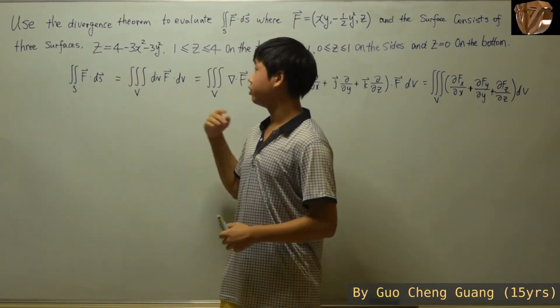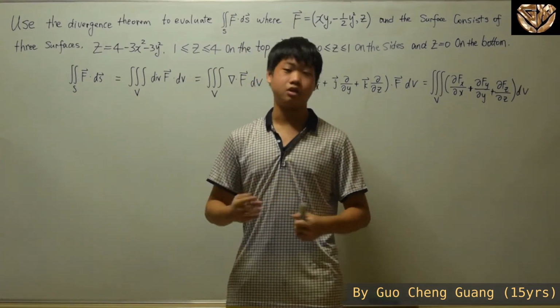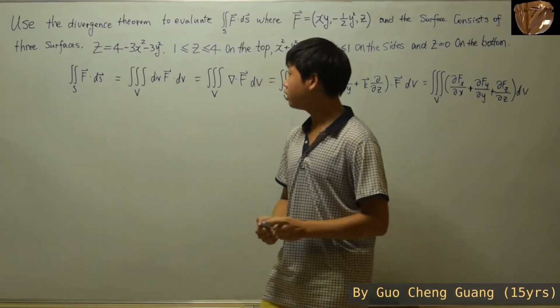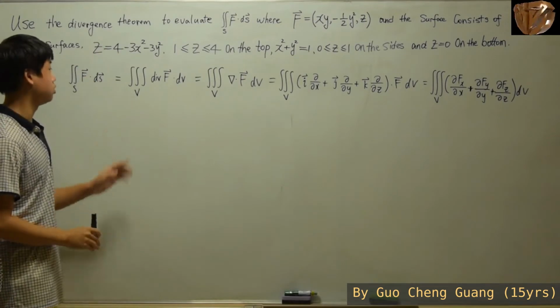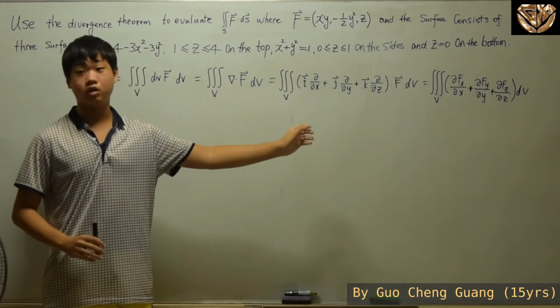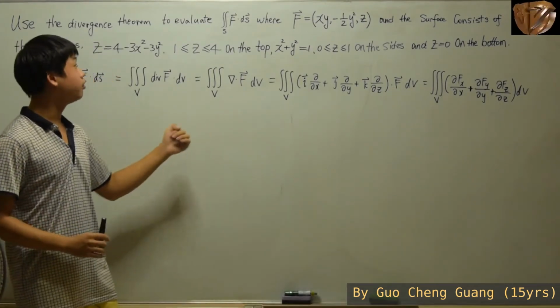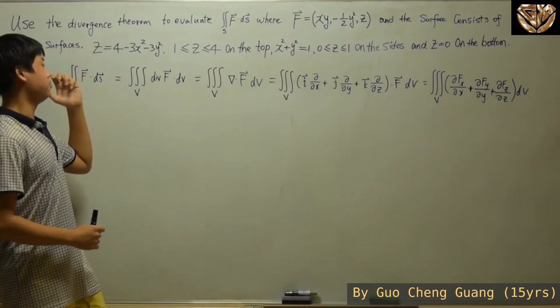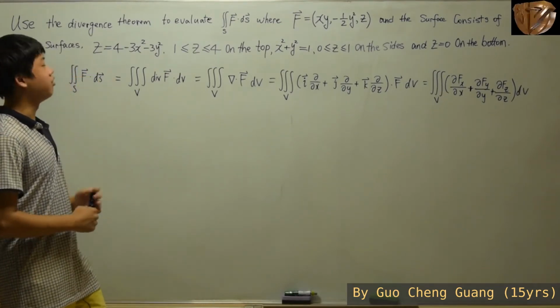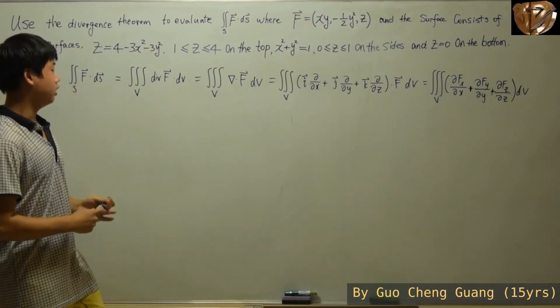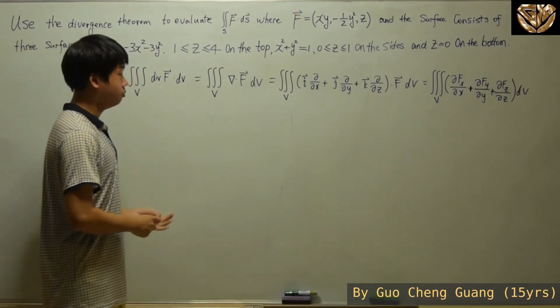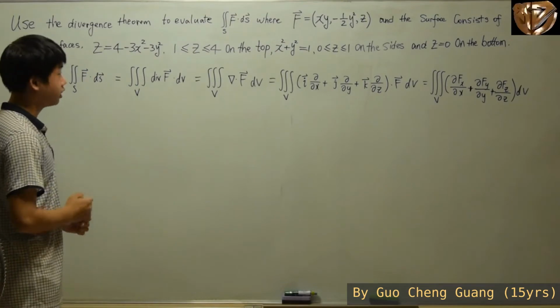So what kind of a flux that will be just depends on the question. Right, so that is pretty much an introduction to what your divergence theorem is about, what it looks like, and of course, sometimes the divergence theorem is also called your Gaussian theorem, and there's also other names for it, alright?